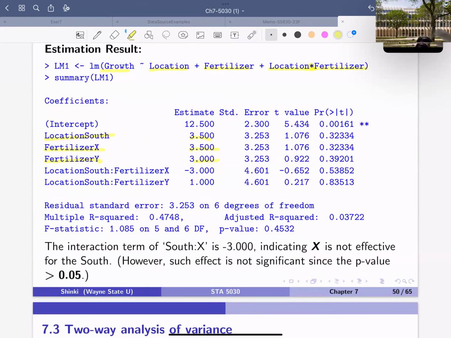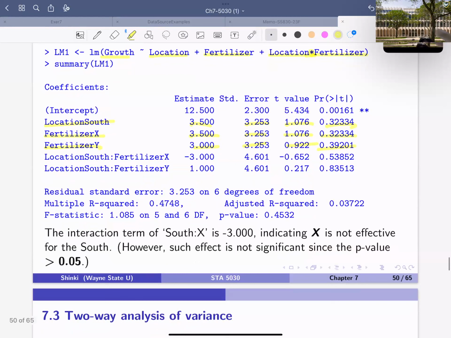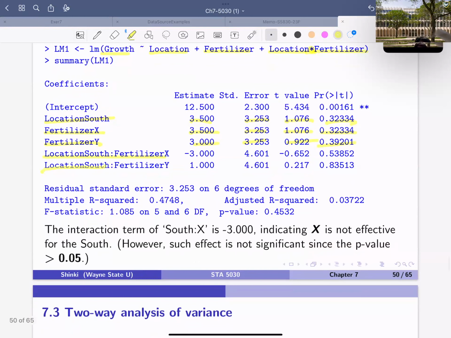And each effect has a standard error and the t-value and the test result. Actually, test results are not really significant. It's natural because we only have 12 observations. And this is the interaction term. So what's the specific effect when we combine the south location and fertilizer X, and location south and fertilizer Y?